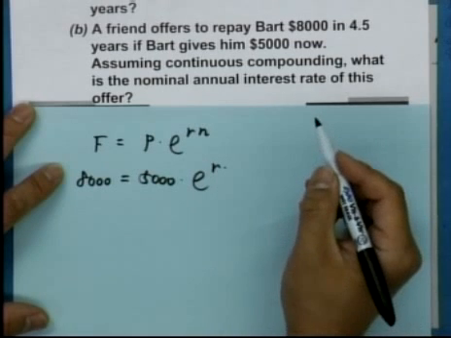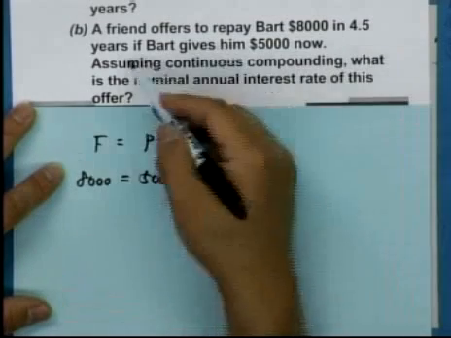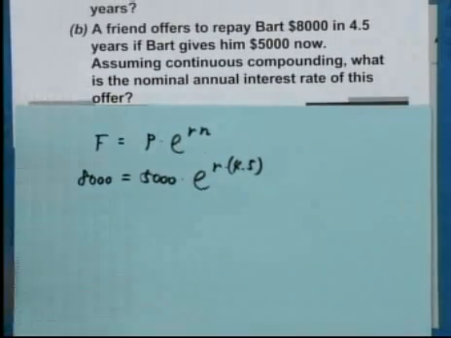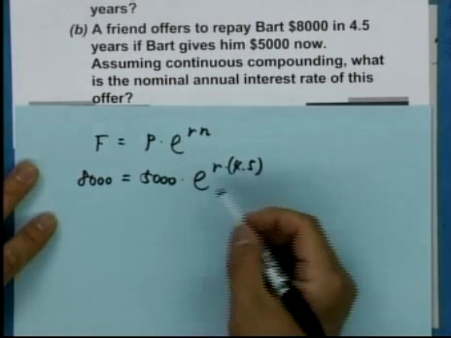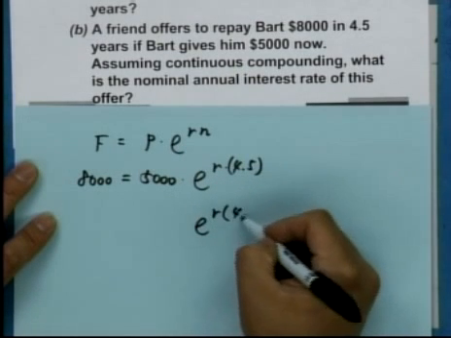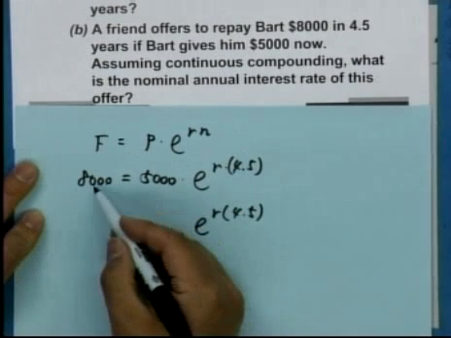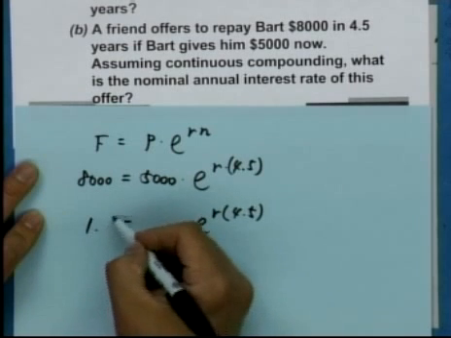And what is N? Again, we're going to use 4.5 years, right? So in that case, e to the power R times 4.5 equals 8,000 divided by 5,000, that is 1.6, right?